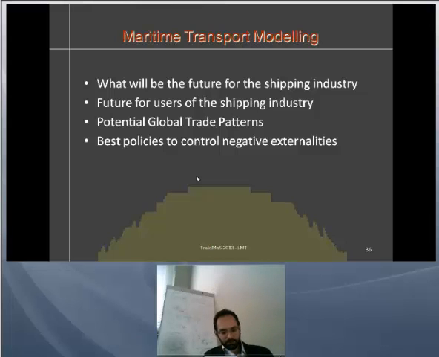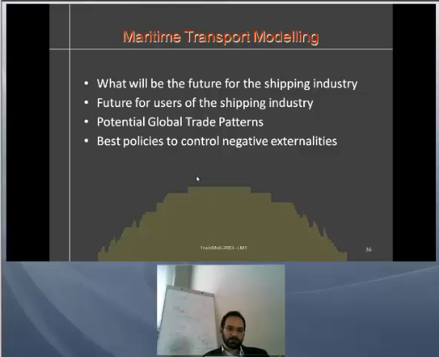So now we move forward to maritime transport modeling. So a question: why is there a need for maritime transport modeling?